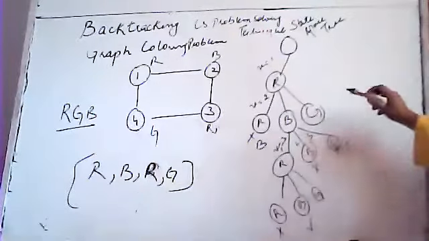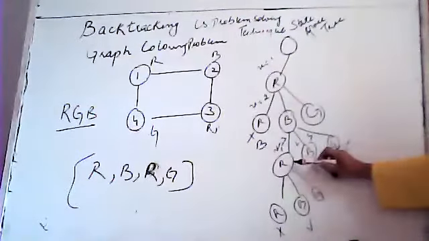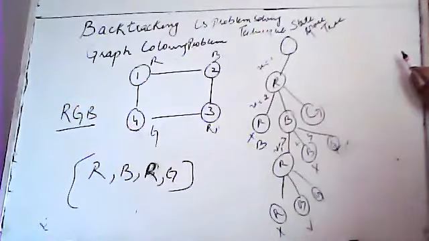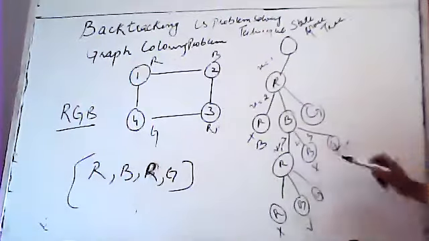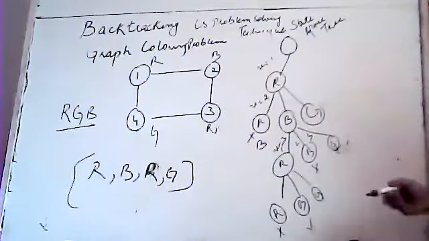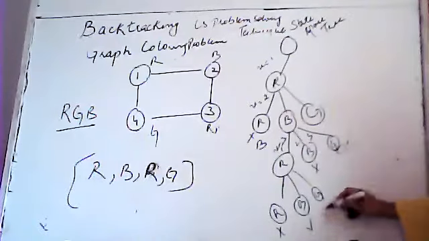Then for the third node we give red again, because 2 and 3 are connected and 3 is not connected to 1, so we can give red. Then for the fourth node we can assign either blue or green, up to us.